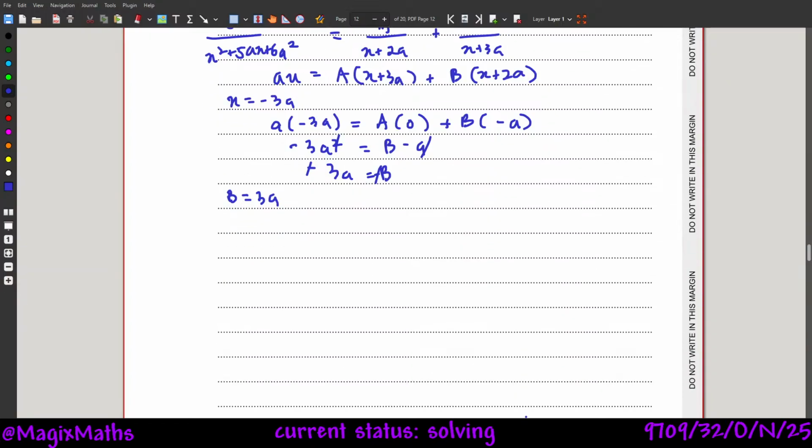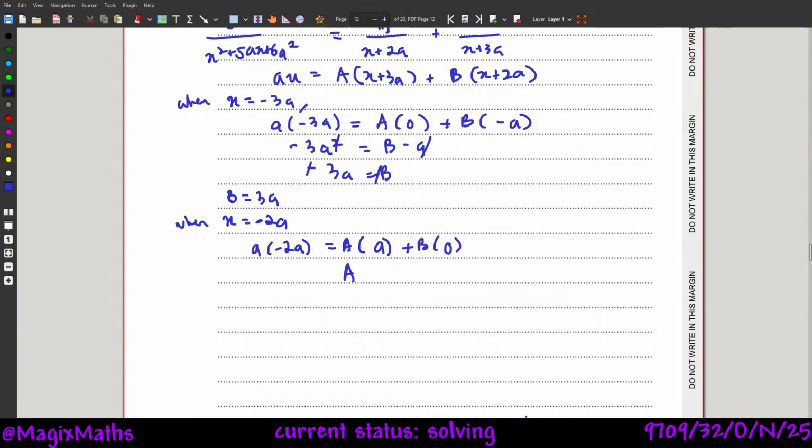And then for our next case, x equals negative 2a. Then we'll have negative 2a equals A times negative 2a plus 3a, which is a, plus B times 0. And we'll have capital A equal to negative 2a.